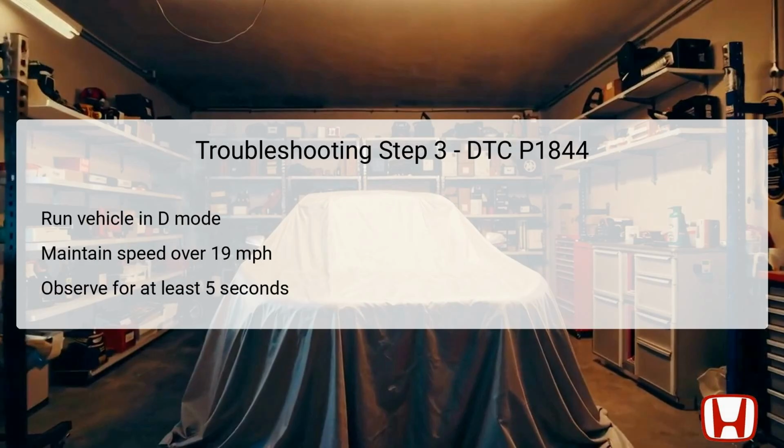In the third step of troubleshooting DTC P1844, the technician should run the vehicle in drive mode while maintaining a speed of over 19 miles per hour, 30 kilometers per hour. It is essential to keep this speed for a minimum of 5 seconds to allow the transmission control module, TCM, to gather accurate input from the CVT drive pulley speed sensor.